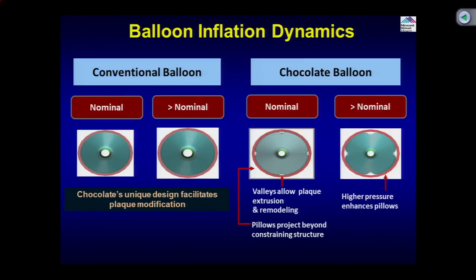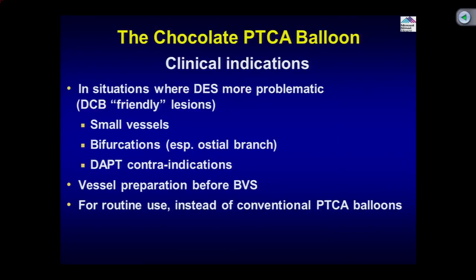And of course, you need to see once it gets to the coronaries. So the indications are basically where DES is more problematic, particularly cases where we use the drug-coated balloon: small vessels, bifurcation, especially ostial lesions, and in-stent restenosis. The key is that you want a good stent-like result, but not to put a stent.